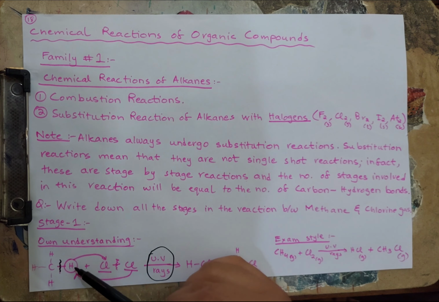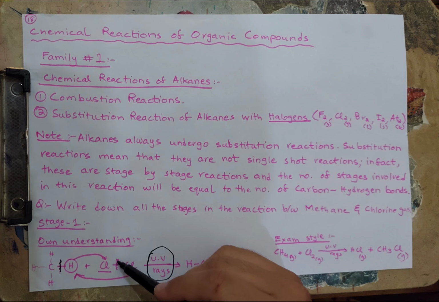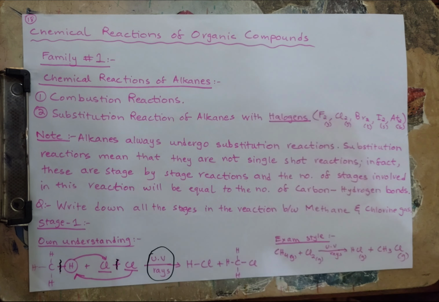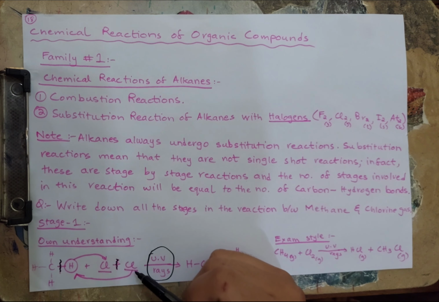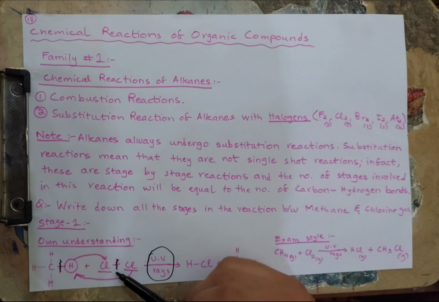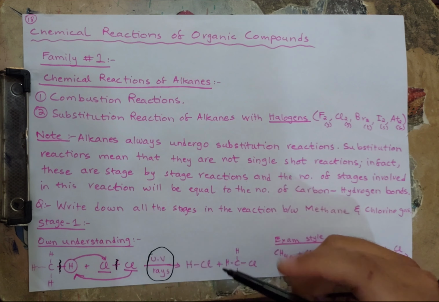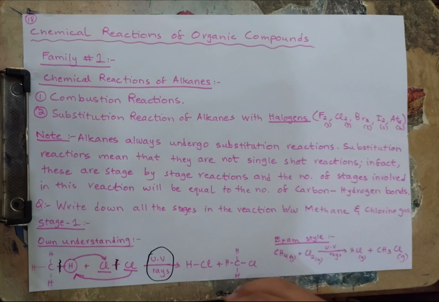The hydrogen comes here, and when this bond is broken, hydrogen attaches with Cl, forming HCl, and the Cl goes here and attaches with this CH3, so it forms CH3Cl.